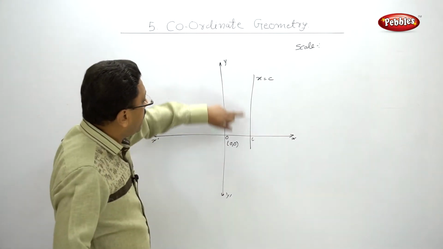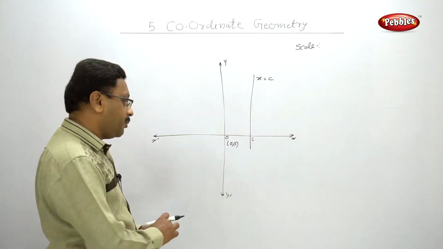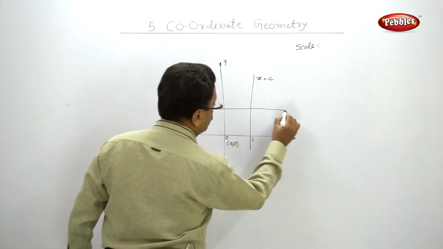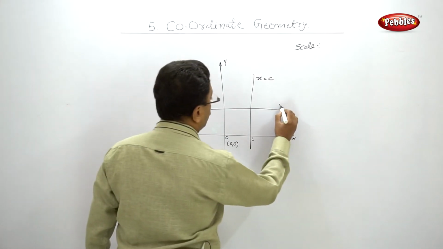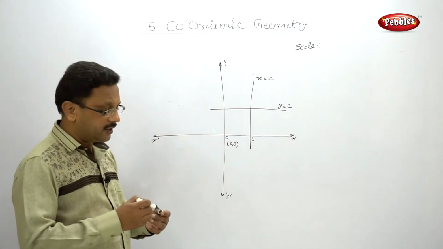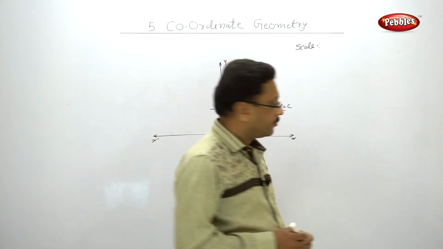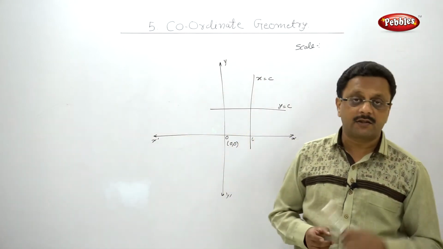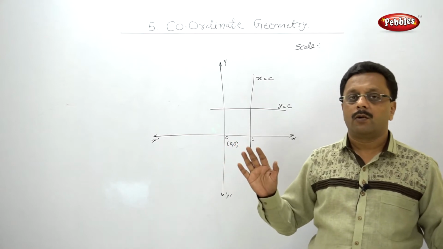Because at any point the x is fixed. And suppose the line is parallel to the x-axis, its equation is y equal to c. C is a constant, any number. This is the intercept. Wherever it intersects, that is your C, on the x-axis and y-axis both. This much we know. Okay.